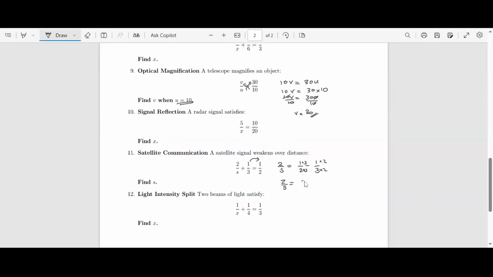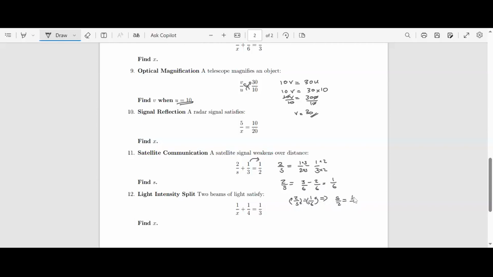So 3 minus 2, right? So 3 over 6 minus 2 over 6, which is 1 over 6. So 2 over s is equal to 1 over 6. So you get the reciprocal: s by 2, you just take this up, bring it down. 6 goes up, 1 comes down.